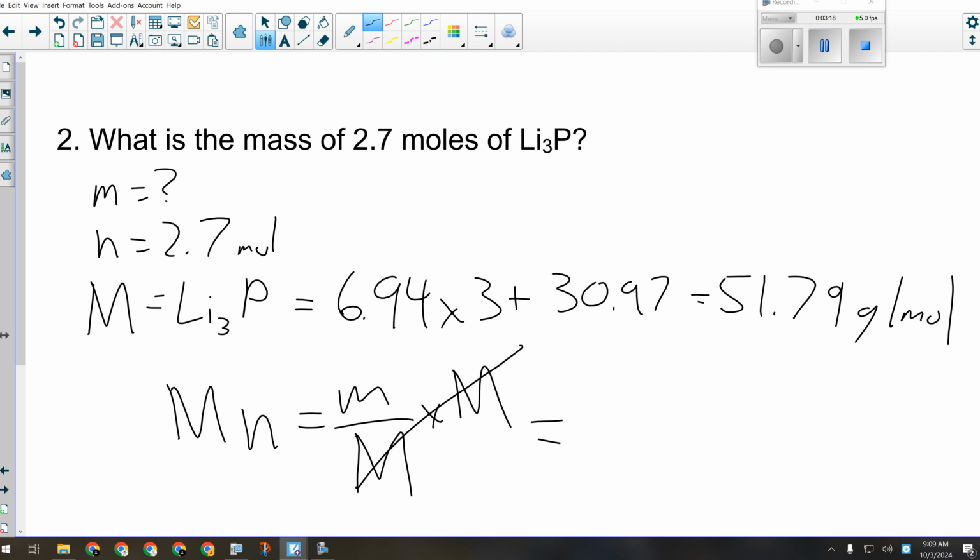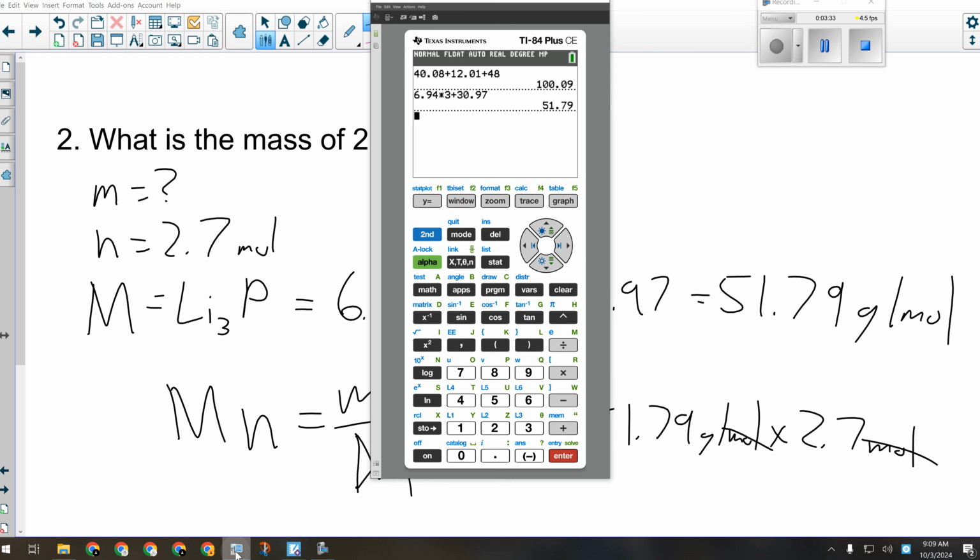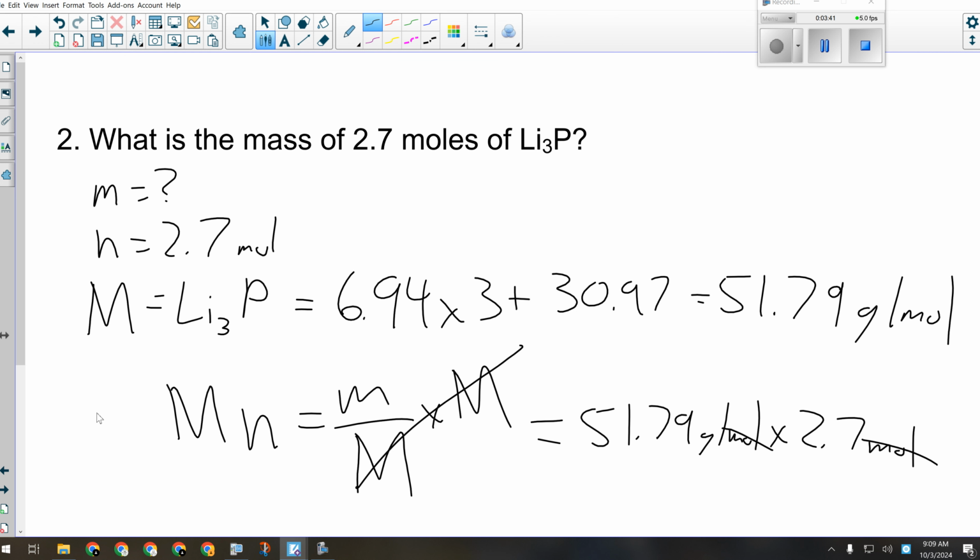And we're going to have 51.79 grams per mole multiplied by 2.7 moles. So the moles will cancel in that calculation, and then we'll be left with grams. That times 2.7 is 139.83. What are my units? Grams.